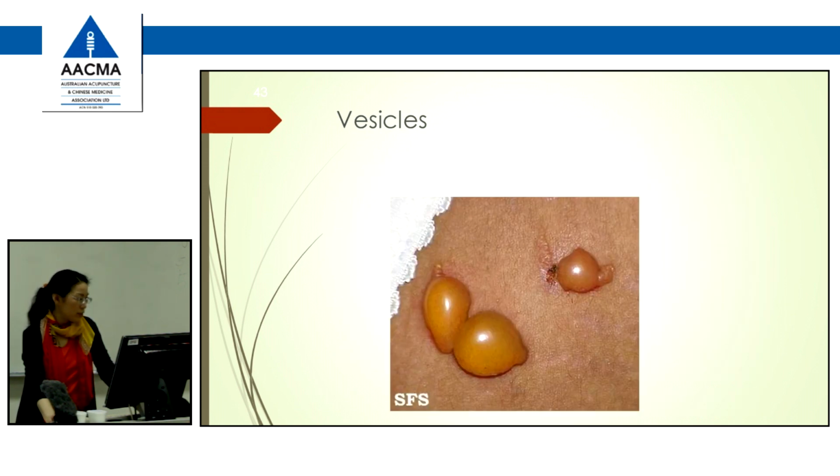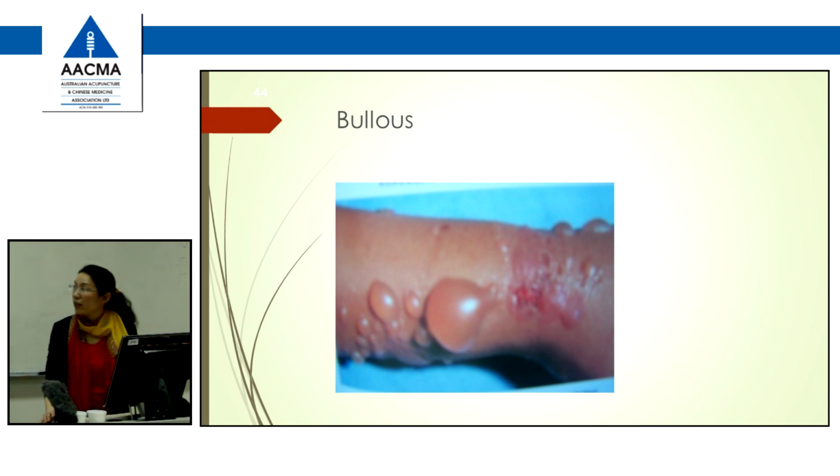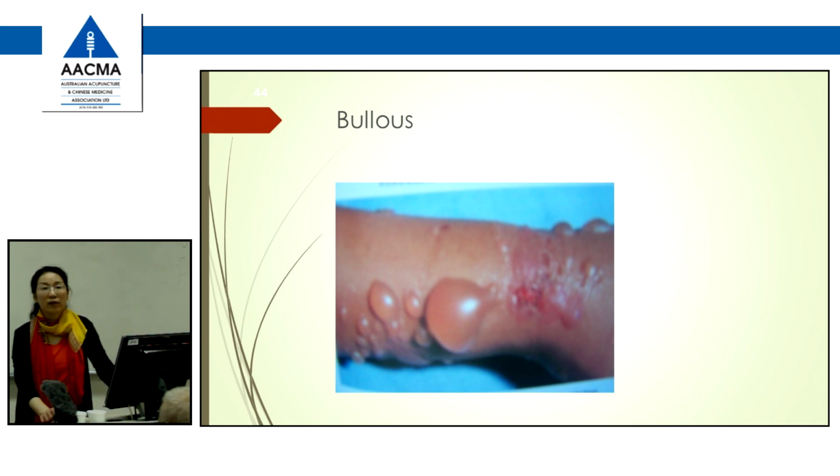And that's vesicles. And the large vesicles mean bullous. That's the patient with contact dermatitis, from the plant of qianma or paints.